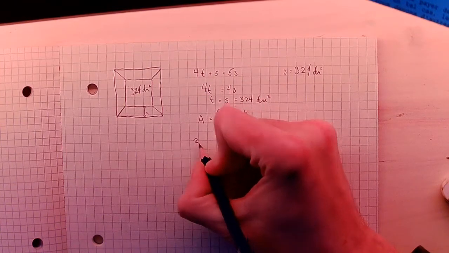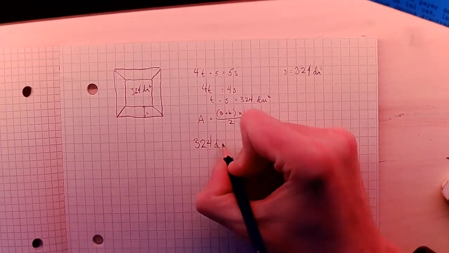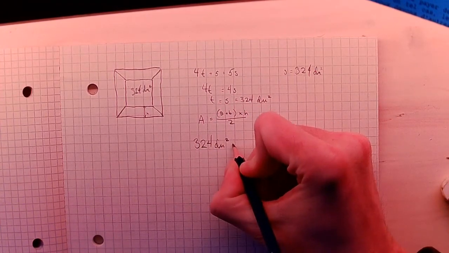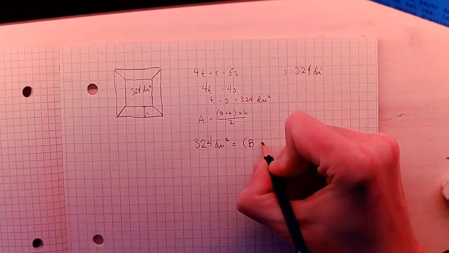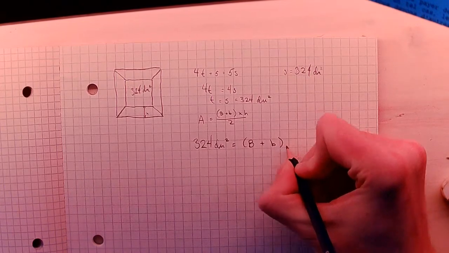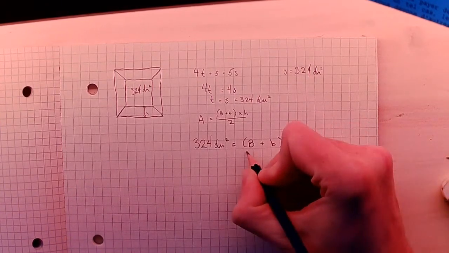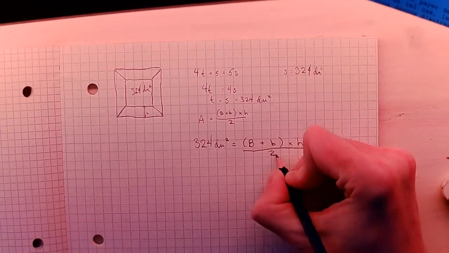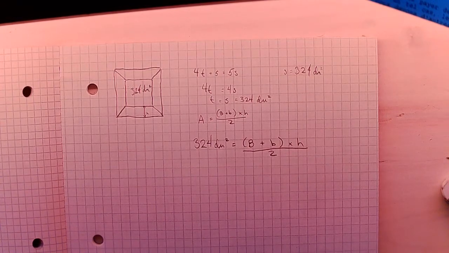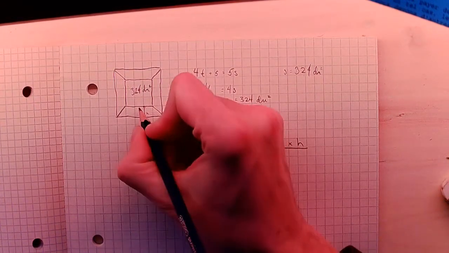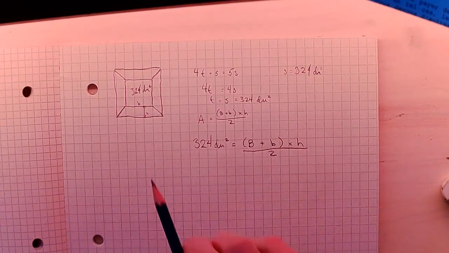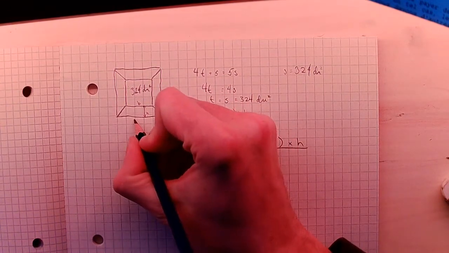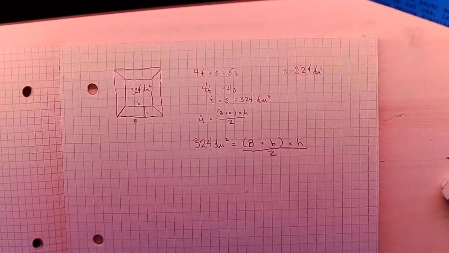We could say 324 decimeters squared is equal to large B plus small b times h divided by 2. And in our diagram, small b corresponds to this side of the trapezoid, and large B corresponds to the larger base of the trapezoid.